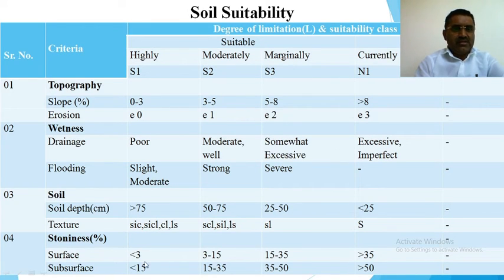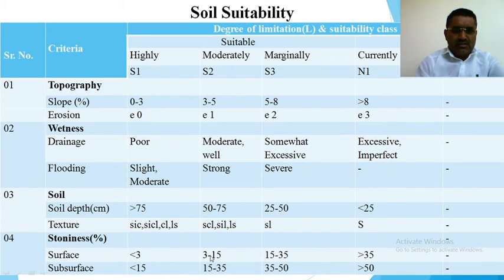Stoniness, surface: below 3, 3 to 15 and 15 to 35. As we know, the number of stones in the soil should be less, so if the number is less over here, it is highly suitable.